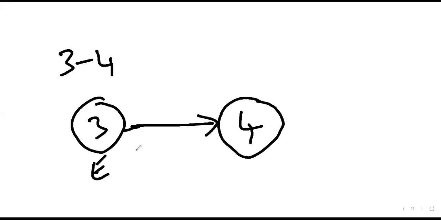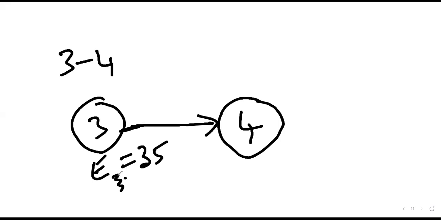The next activity is 3-4, and this is how we represent 3-4 in the activity network diagram. So what number am I supposed to write here?